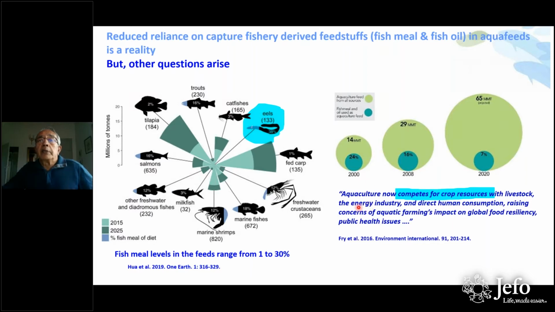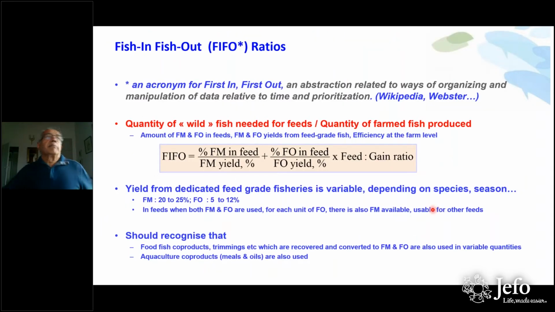But this leads to other questions in terms of environmental impacts. Aquaculture now competes for crop resources, terrestrial plant products, with livestock, energy, human consumption, and so on. So there are a lot of questions which come up. Similarly, about 10 years ago, there was this concept called fish in, fish out ratios. When I say FIFO, it was an acronym for me for first in, first out.